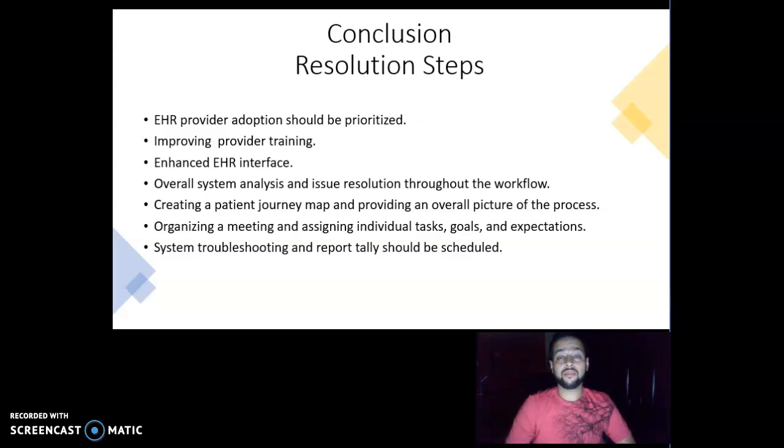As we can see, further enhancing the EHR interface may be a solution. Creating a patient journey map and providing an overall picture of the process may be a solution. Further implementing EHR and training all staff within the clinic will be the final step of our conclusion, where we can troubleshoot the system and tally the overall report in a timely manner.